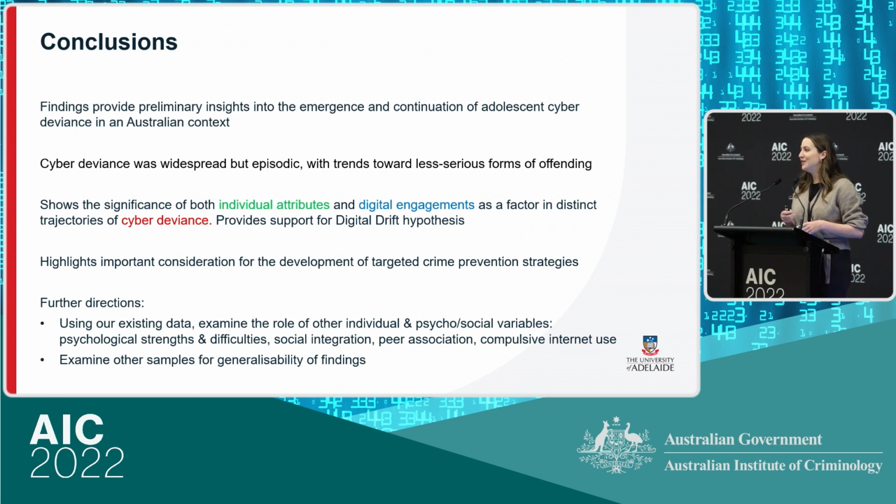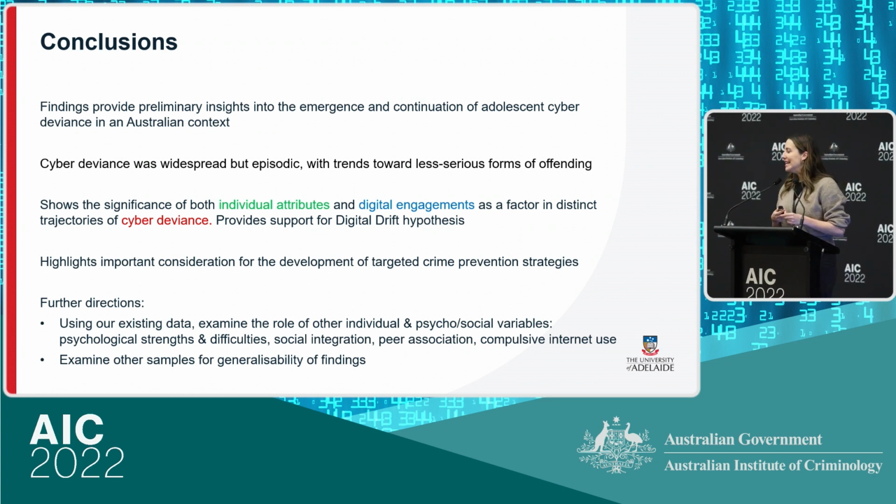It was often episodic and lower level forms, but we provided evidence for digital drift here. We're showing that there were individual characteristics and technosocial factors leading to greater engagement in some of these cyber-deviant behaviours.